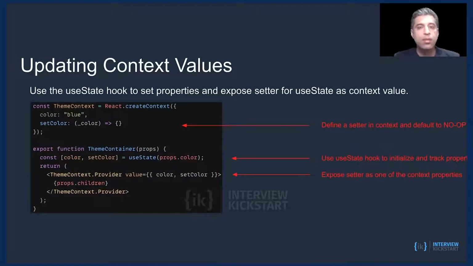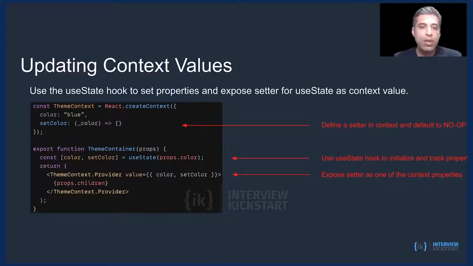Sometimes it is not only sufficient to read values from React Context API, but also to alter the state at a given point in your subtree. In order to do that, we can expose a setter function as a property from our React context and use React's useState hook to remember the property as well as to update the property using the setter of the useState.